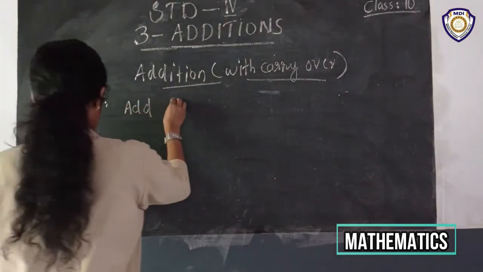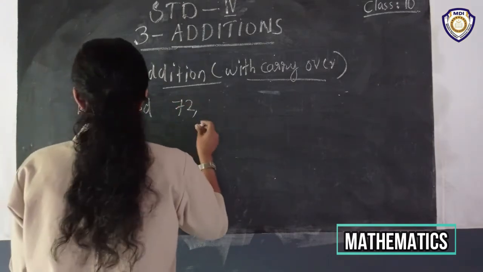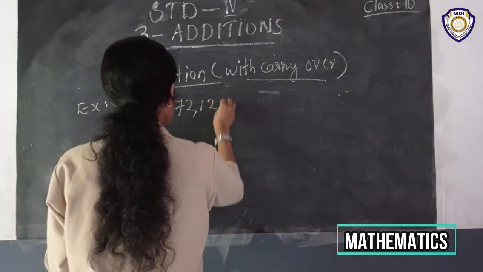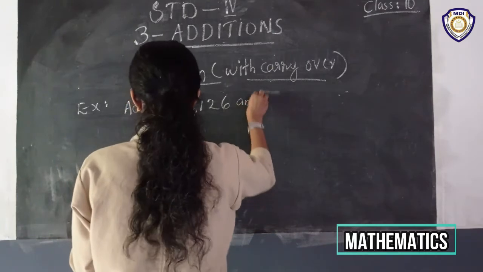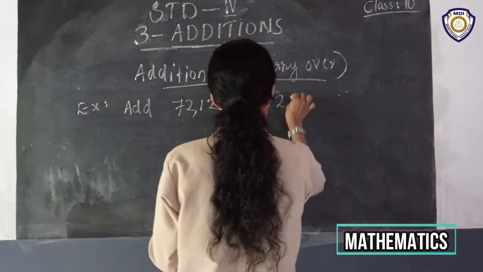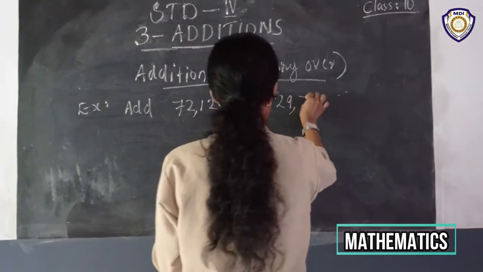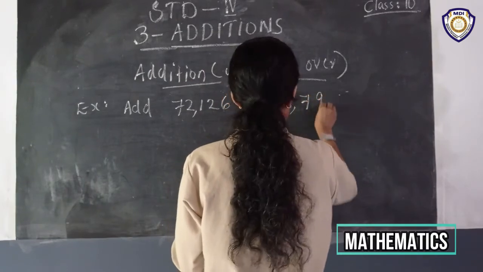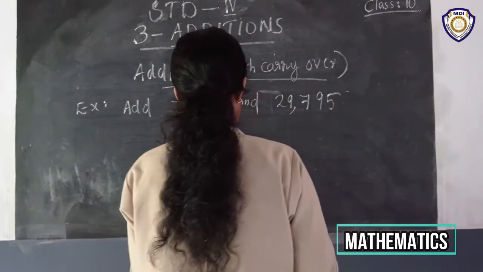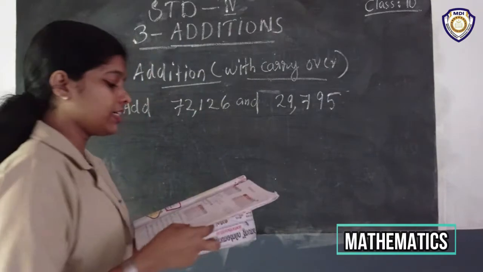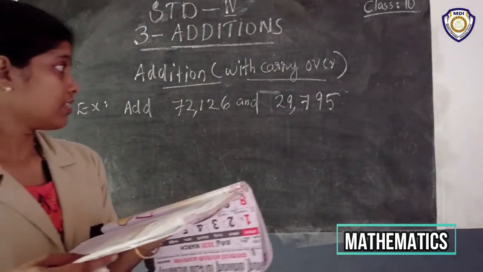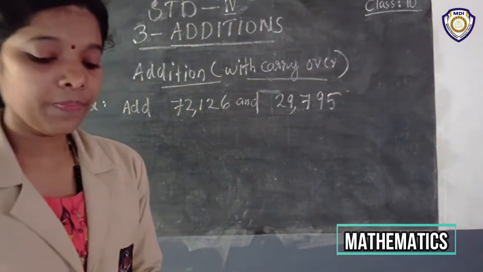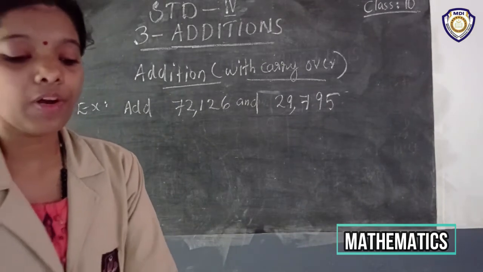Add 72,126 and 29,795. How to solve the problem?